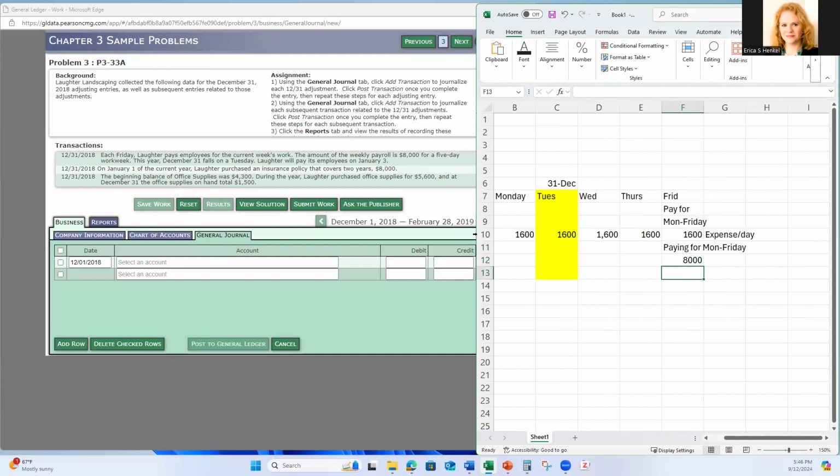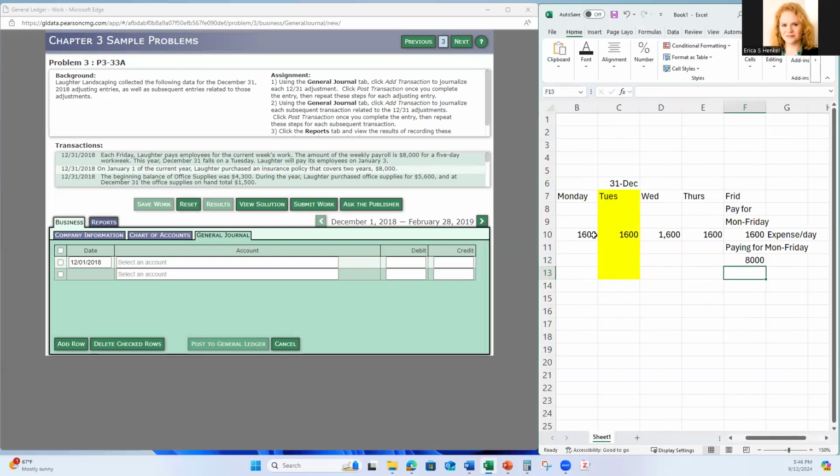But in the meantime, we've got these 2 days where people have worked for 2 days and have not yet gotten paid. So that means we're going to have $3,200 that we owe on 12/31.